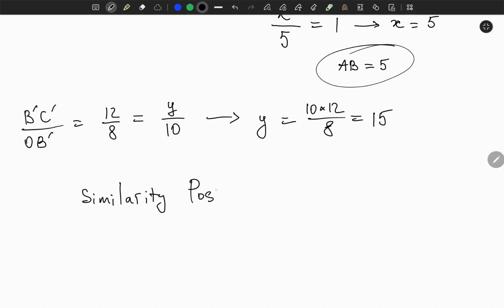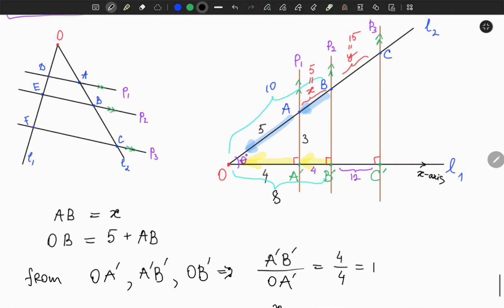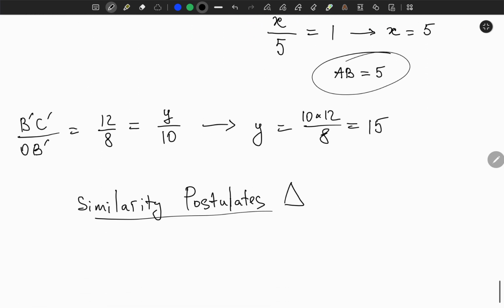Similarity postulate for the triangles. For the triangles, what do we need for the similar? We said that all the angles must be the same. For triangles, we just need only two angles to be the same. The third angle we can figure out by subtracting the other two from 180. So just need two angles.